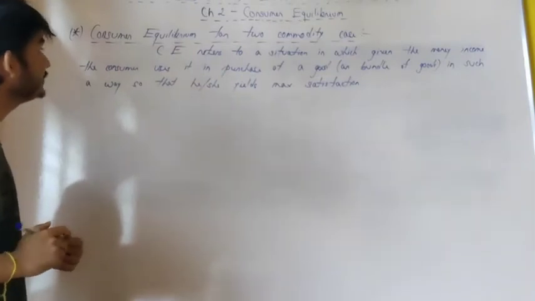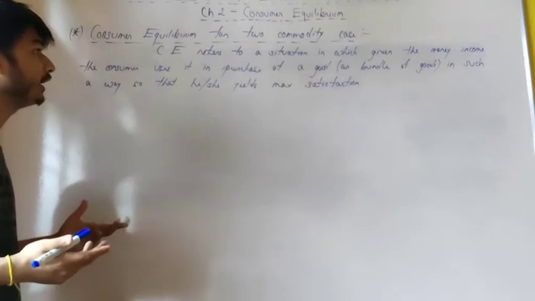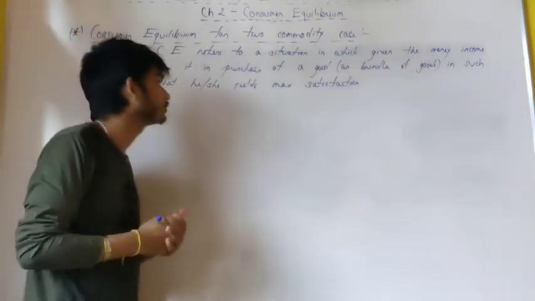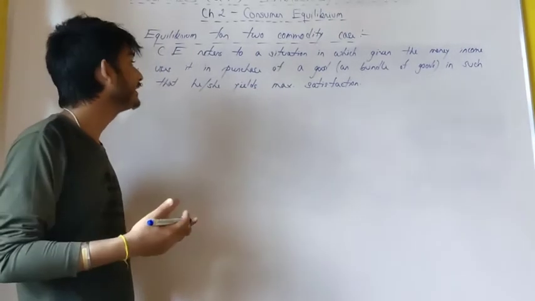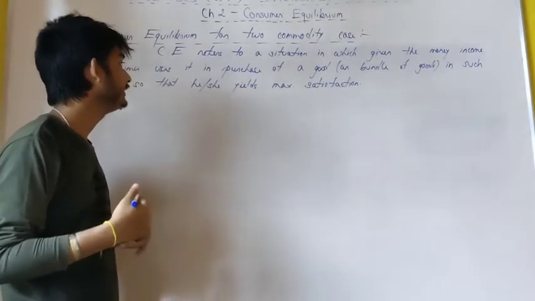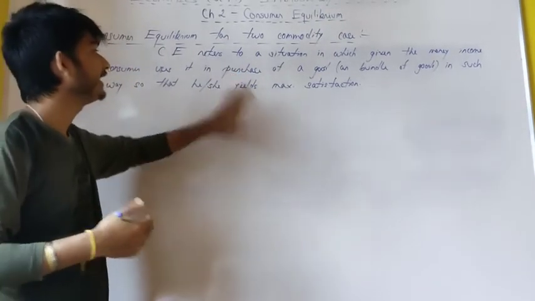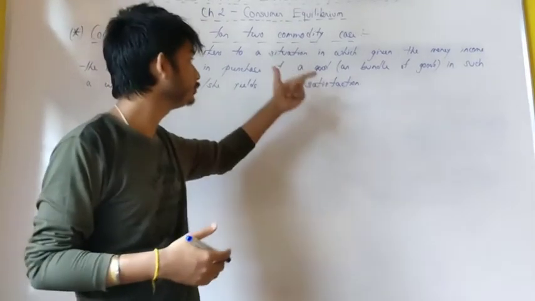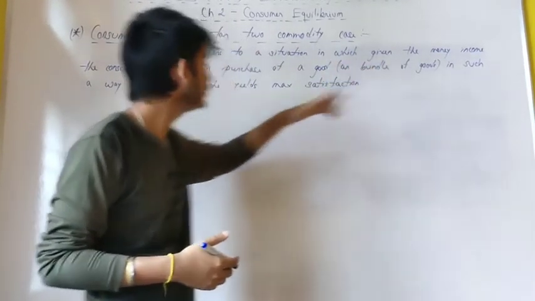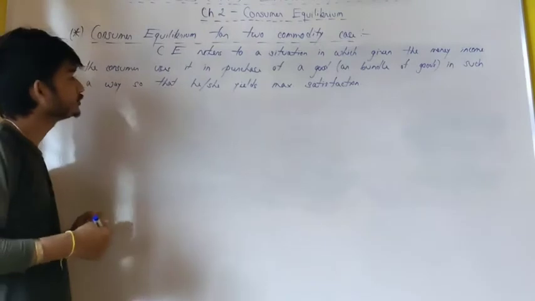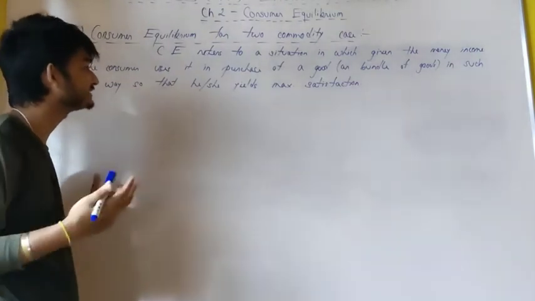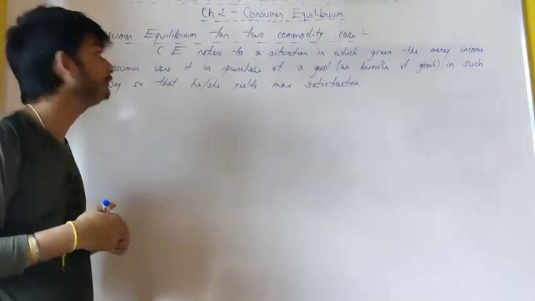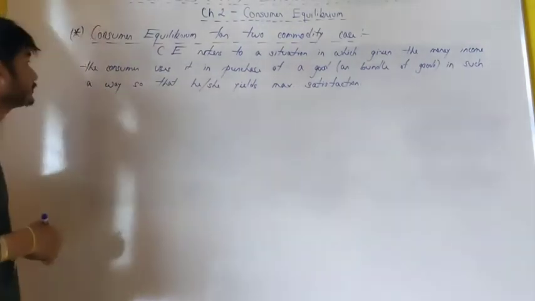So consumer equilibrium is a situation where the consumer, given his money income in his pocket, will use it in purchase of a good, that could be one good or a bundle of goods, in such a way so that he or she gets maximum level of satisfaction.